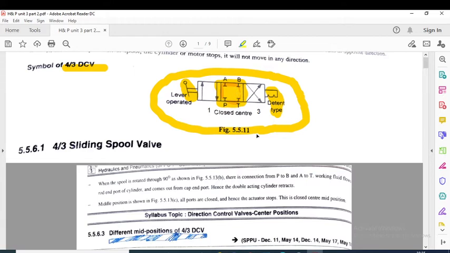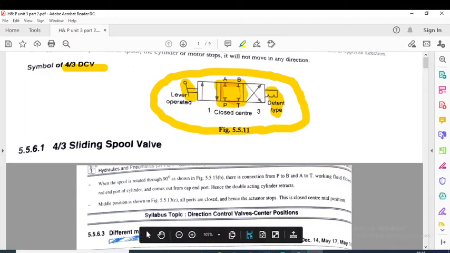So now we are going to see how different types of central positions can be made in this 4 by 3 direction control valve in the next topic here.